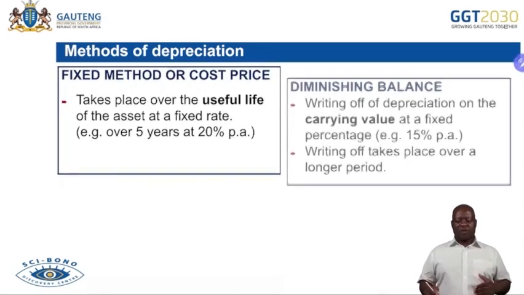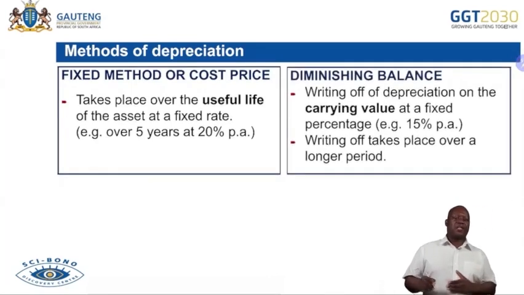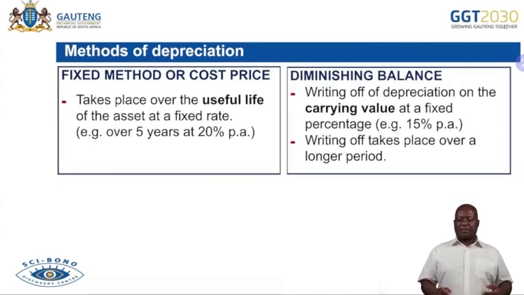But the second method is called the diminishing balance method, sometimes referred to as the carrying value method. Here we write off depreciation on the carrying value of the asset. There the problem comes. Remember, the carrying value is not readily available.